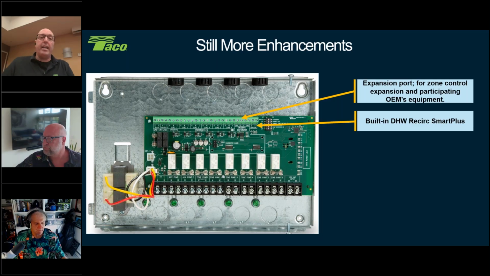What we have added is a domestic hot water recirc sensor. There's a terminal here, you'll see it marked as sensor, and that is the technology that we have in our smart plug. For those of you that have done domestic hot water recirculation, we have our separate smart plug that has a temperature sensor, and you can plug your circulator right into it.